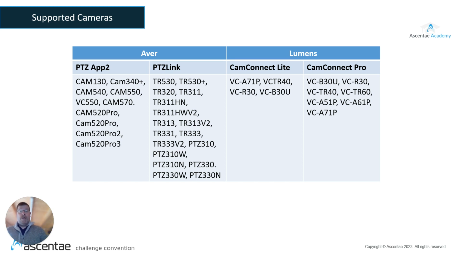If you require multiple cameras, you'll need the full PTZ Link software, which is a subscription package. For Lumens, Cam Connect Lite is free software, but again, it will only support a single camera for steering. For multiple cameras, you'll need a Cam Connect Pro, which is a hardware device which manages the cameras over a network.